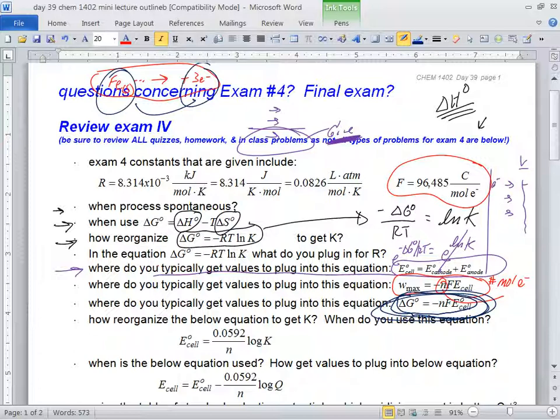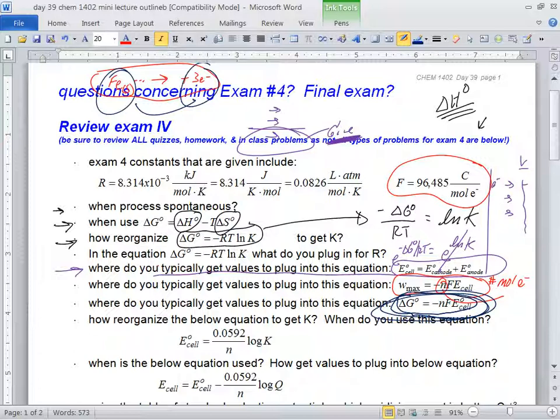Exactly. Okay. So notice, I think this is the reason why I'm bringing this out. It is really confusing. It is to me. That's the same darn N, right? They're both moles of electrons, but one is W max. W max depends, it's work. You can do varying degrees of work, right? You can do a little bit of work, a lot of work.